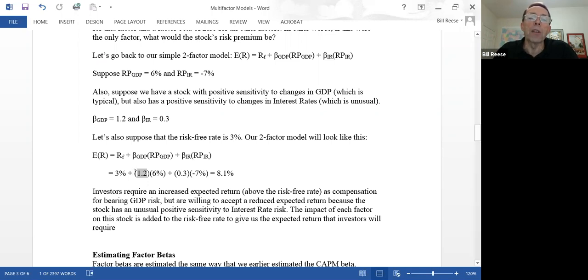Now, how do we measure these betas? Well, we have to do it the same way that we would measure betas for the CAPM. We have to look at historical data and find out how sensitive the stock is, or at least how much it has been in the past, to these unexpected changes.